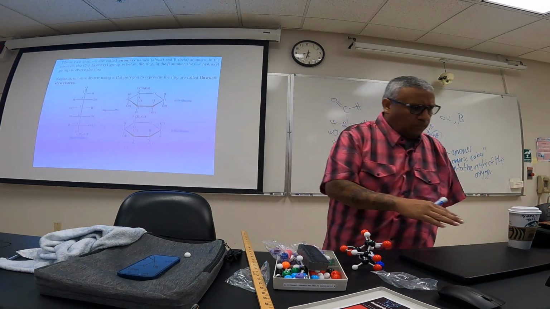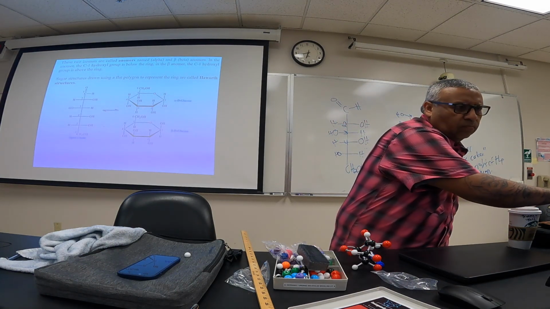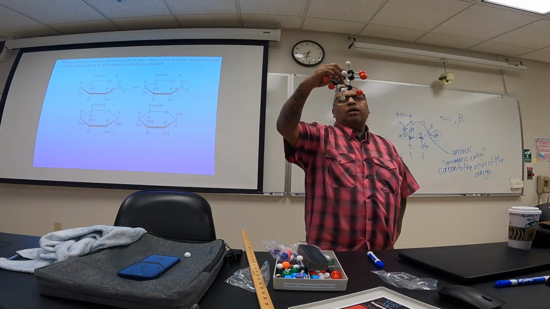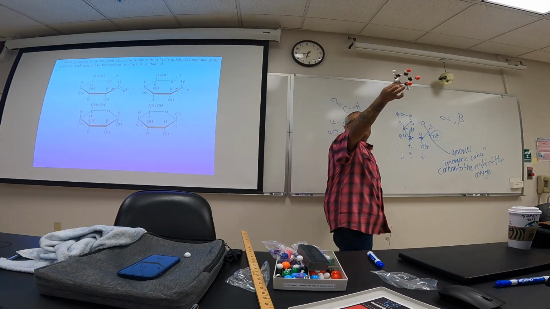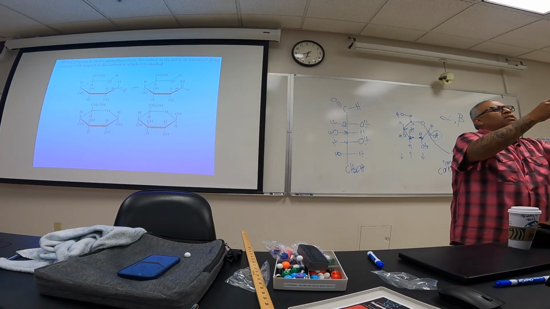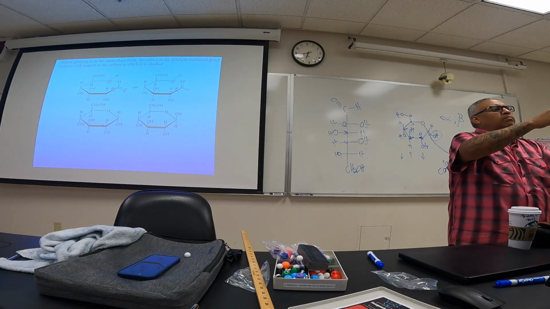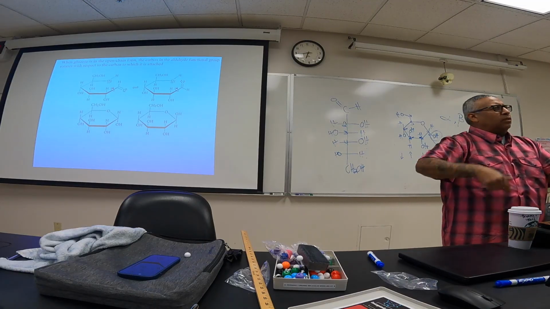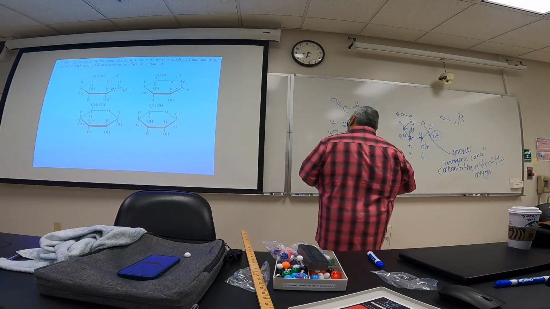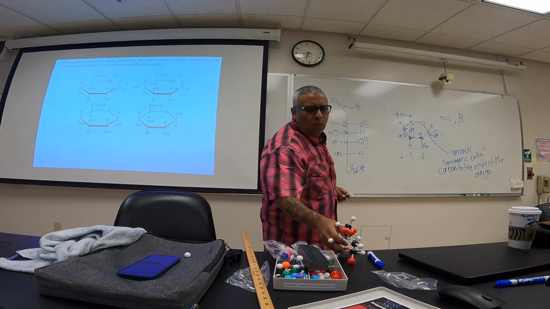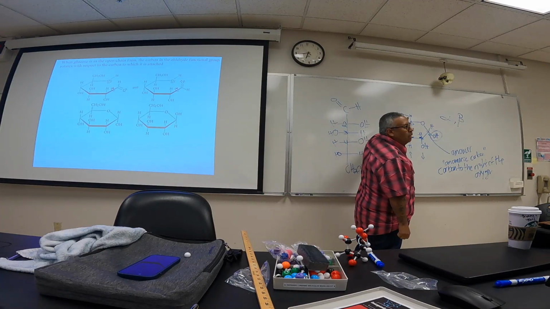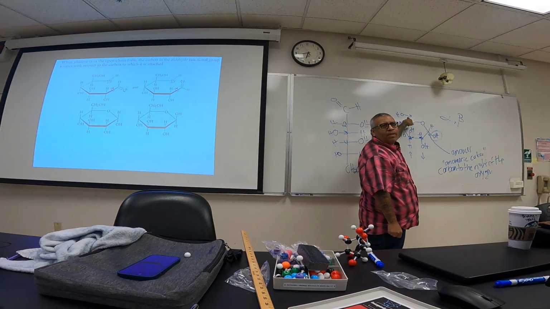So how does this occur? When I built this model here, we noticed that it curled. When these form ring structures, notice that carbon number 6 is not part of that ring structure.